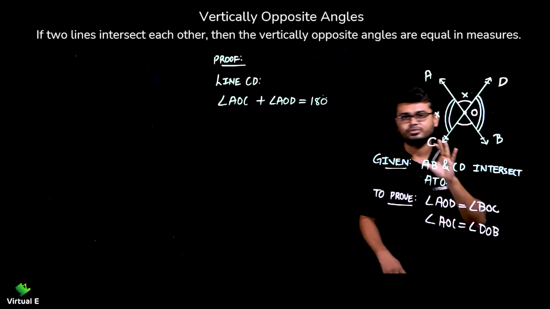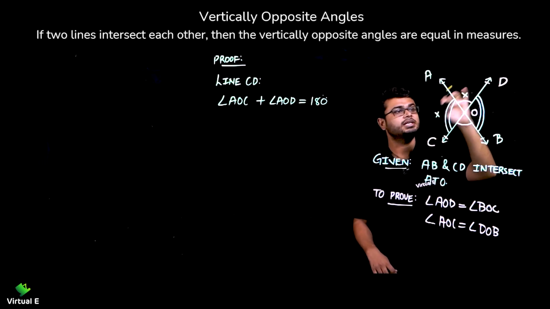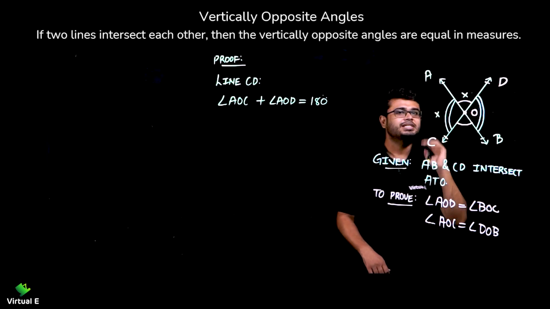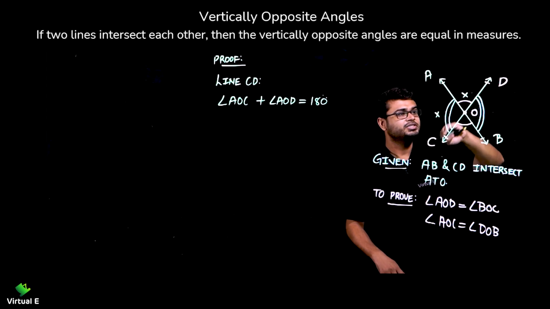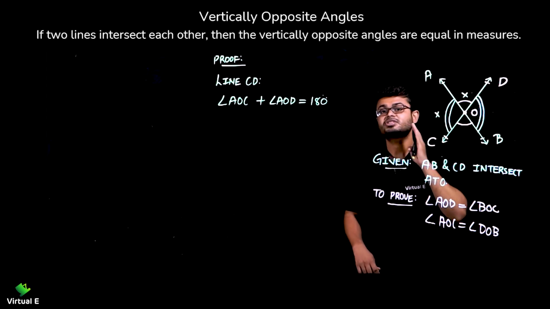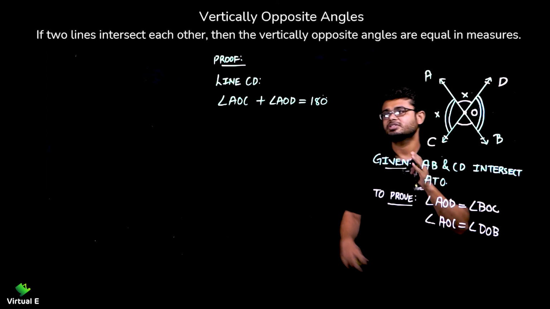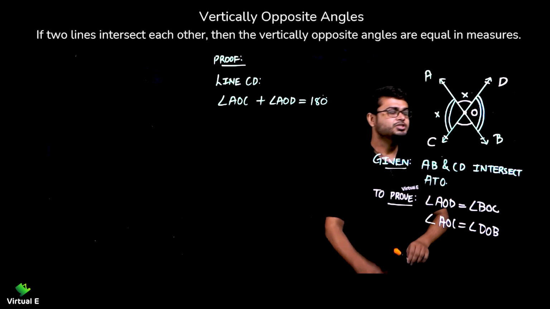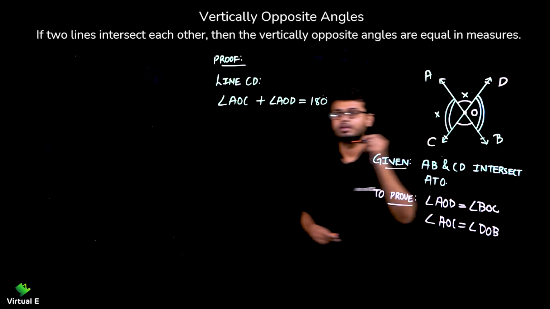That's very easy to do, right? So this angle and this angle, if we add them up, we get 180 degrees. And you can see as well, it is a straight line. A straight line gives a straight angle. The straight angle value is 180 degrees.